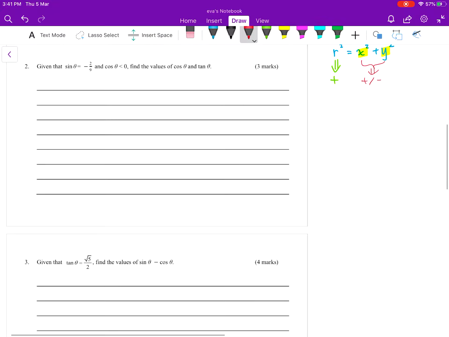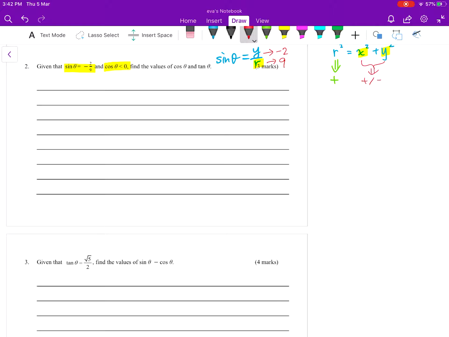Okay, let's look at question 2. You have sine theta equal to negative 2 over 9 and cosine theta less than 0. Sine theta is equal to y over r, and we know r is always positive, so y must be negative 2 and r is 9.